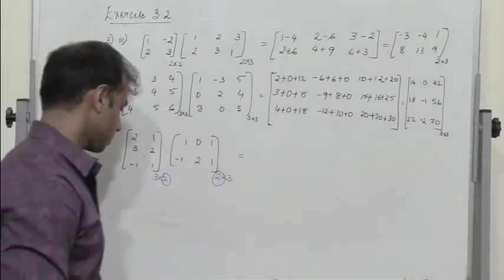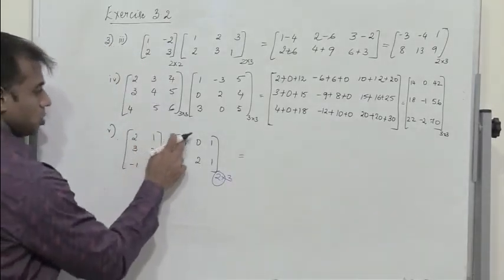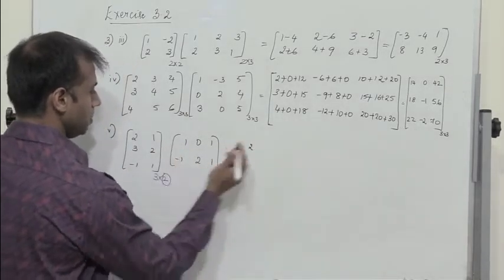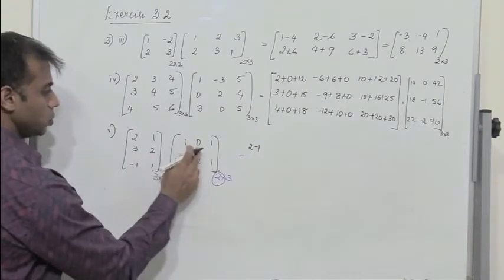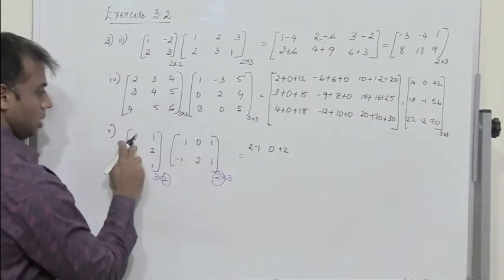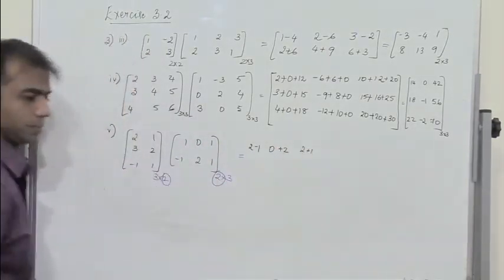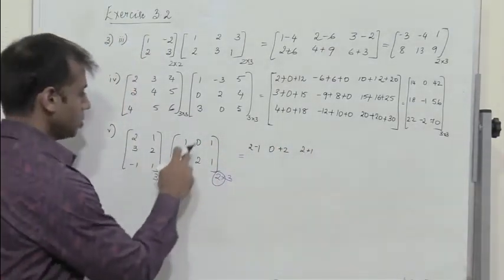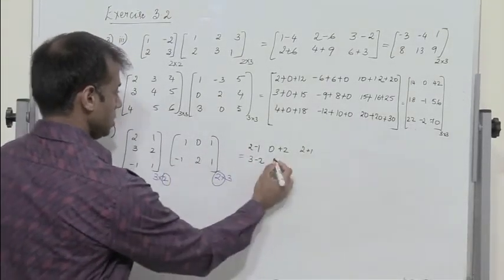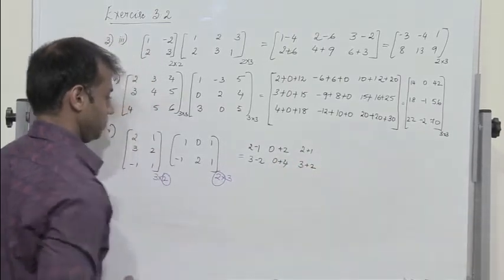Right? So let us multiply this. First row into first column. So we get 2 into 1 is 2, minus 1. Next I have 2 into 0, which is 0, plus 2. First row into third column: 2 into 1 is 2, plus 1. Next, second row into first column: 3 minus 2, 0 plus 4, 3 plus 2.